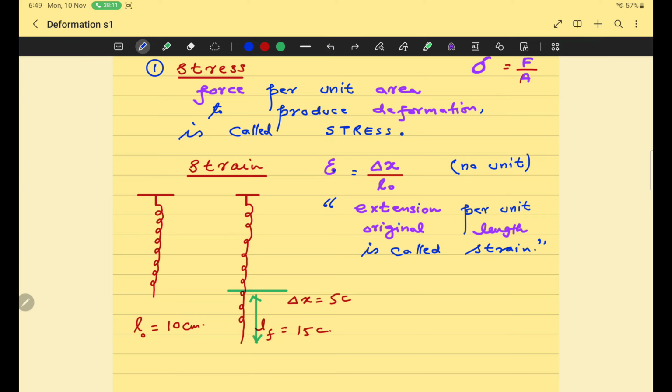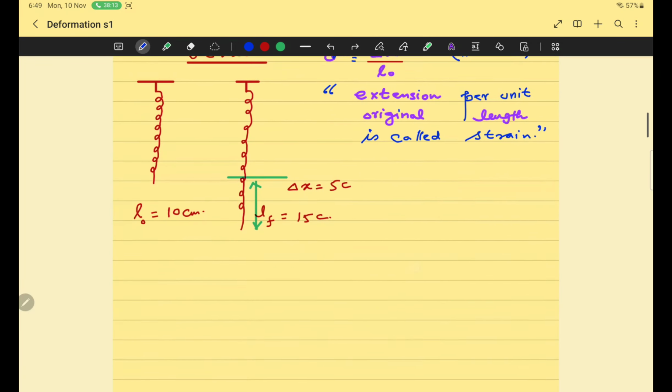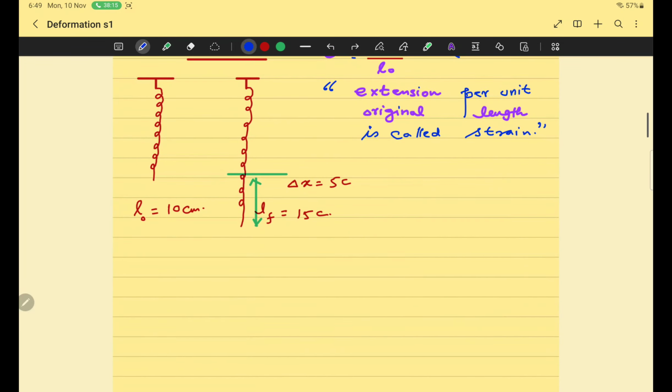And now we are moving to the main formula. The main formula, or the last formula of this chapter, is Young modulus. What is Young modulus? I am explaining.